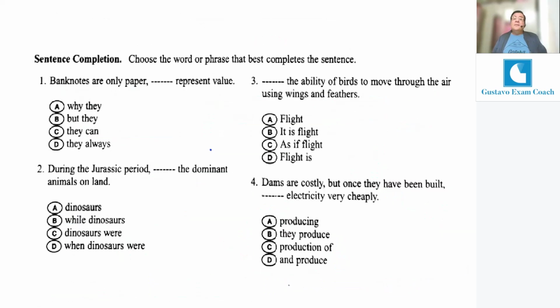Now we have some sentence completion exercises in which you will have to choose the word or phrase that best completes the sentence, considering that there are 4 alternatives in each of the sentences.